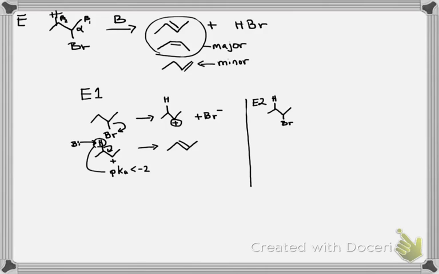And then the base comes in, and that's going to break this bond, and the leaving group has to leave. So the product forms in one step. I didn't mention this when I talked about SN1, but these types of reactions where everything happens in one step are known as concerted reactions.